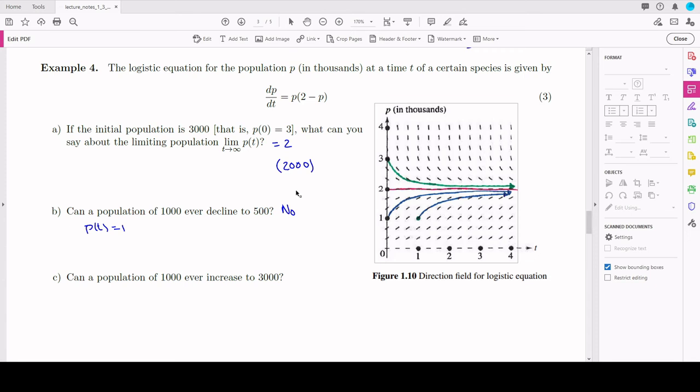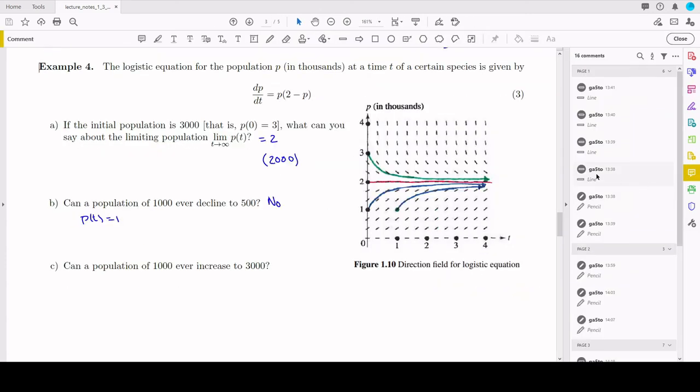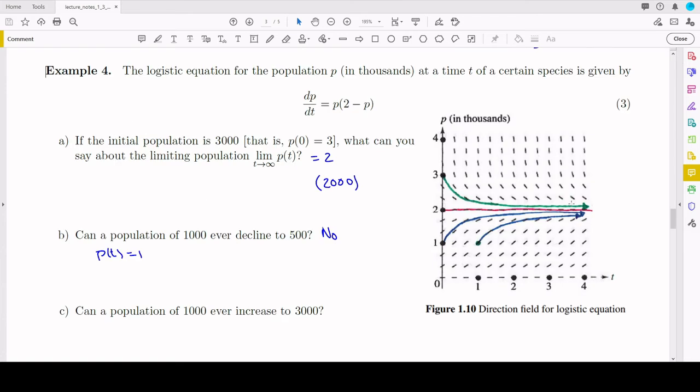What I've done here is I've also drawn this horizontal line, and that horizontal line corresponds to the solution P equals 2. So this one right here is P equals 2. And let's double check that when you plug in P equals 2, P of t equals 2.